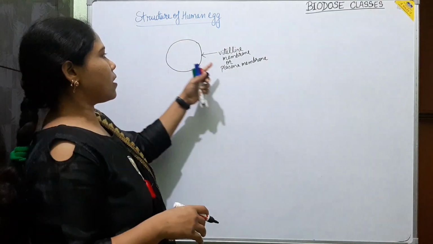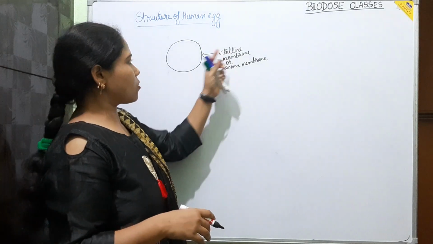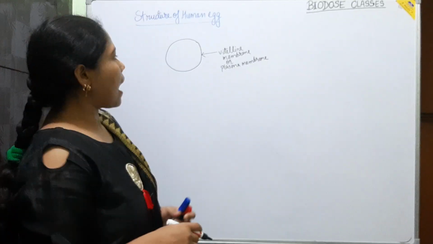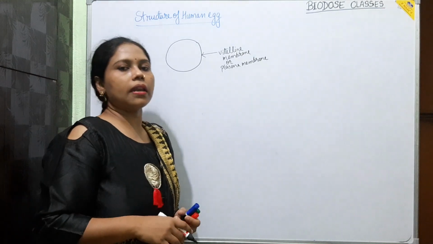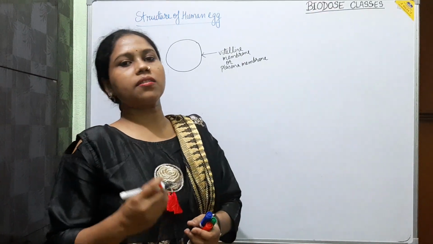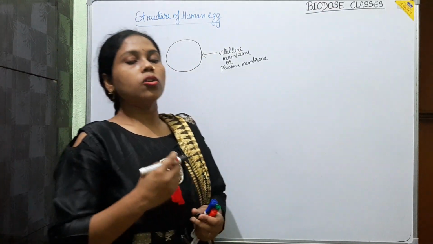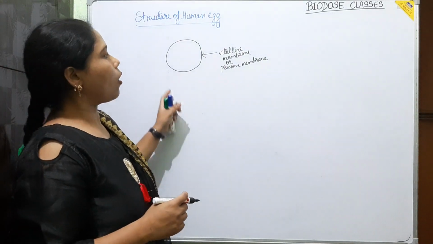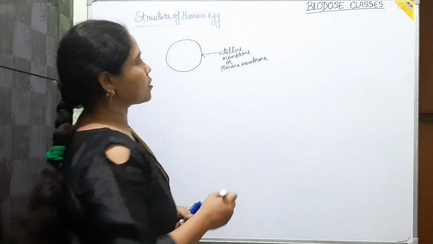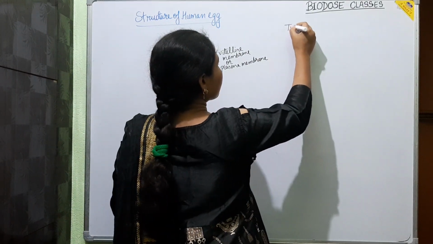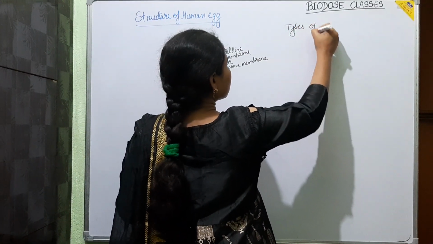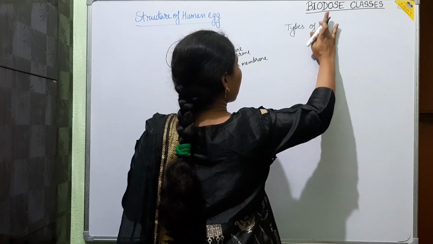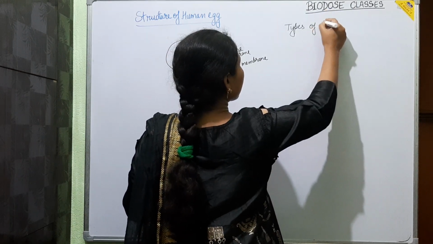Cells have a membrane or a covering above them. Similarly, the human egg cell also has a covering called vitelline membrane, and this vitelline membrane is actually secreted by the oocyte. When we study the structure of human egg, alongside we study types of egg membrane.